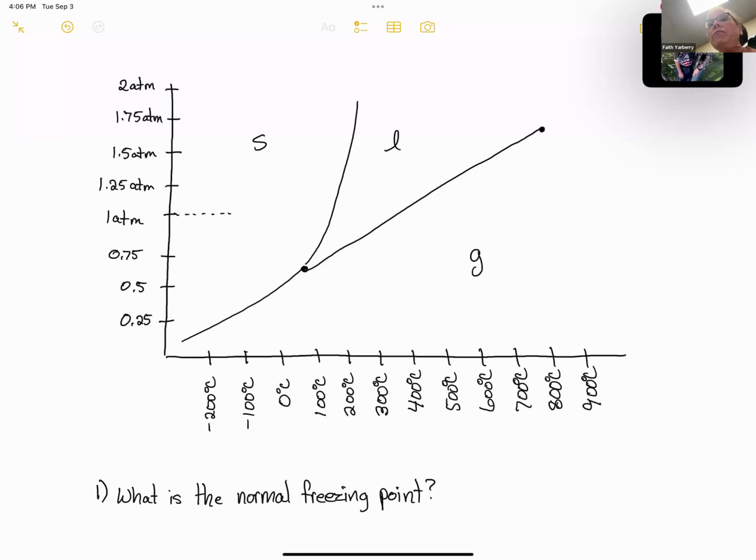So I would trace it out to that point and then down and estimate. So roughly this one had a freezing point of 180.